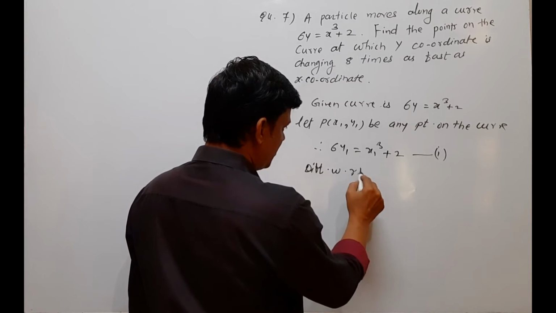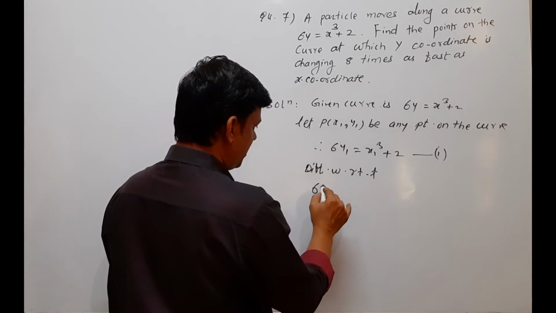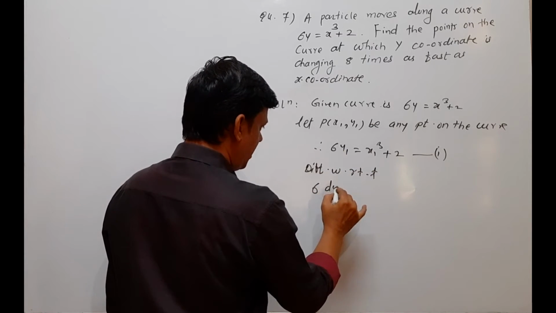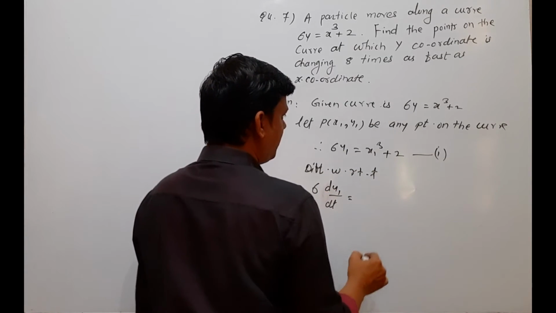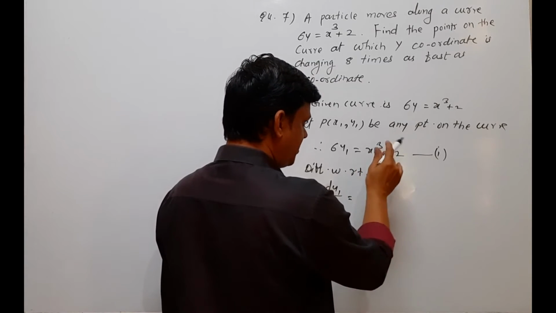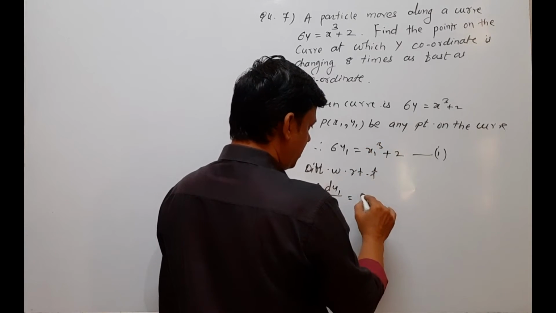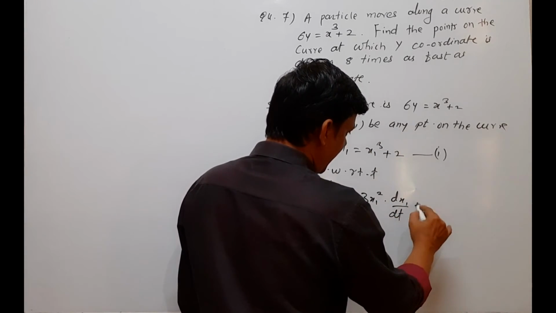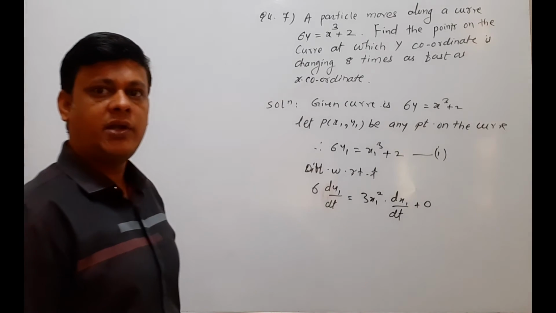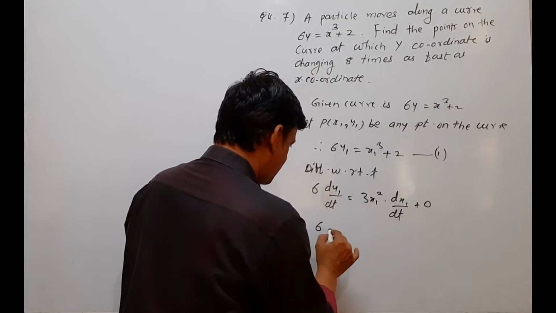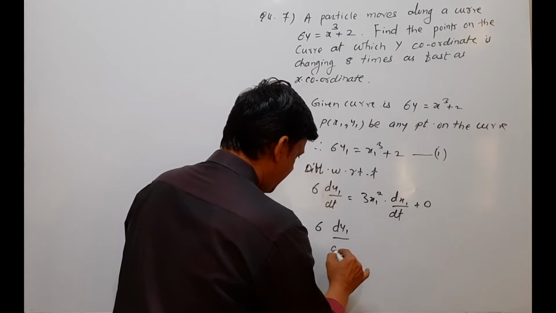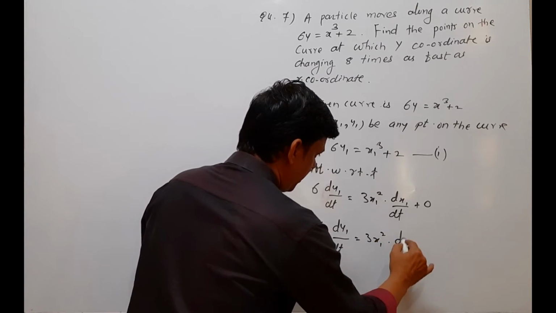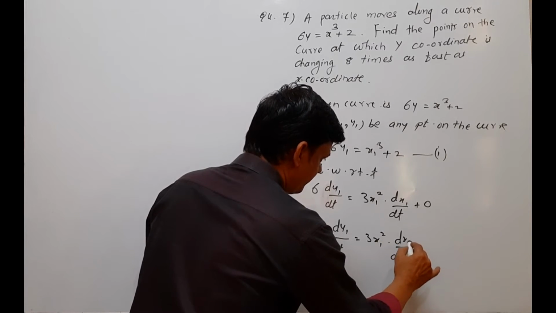We get 6 dy1 by dt is equal to 3x1 square into dx1 by dt, and 2 is a constant, so its derivative is 0.